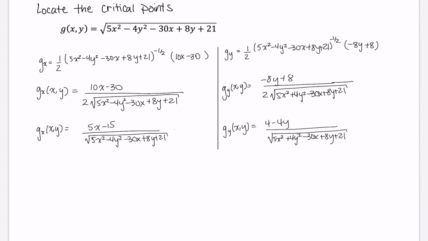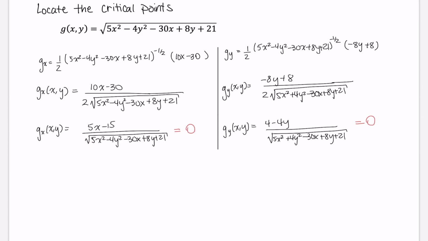So the idea is to set both partial derivatives equal to 0 to identify the critical points, sometimes called critical values. And really, just like in algebra, whenever you did this, all that matters is the numerator, since when you multiply by the denominator on both sides, it'll vanish.